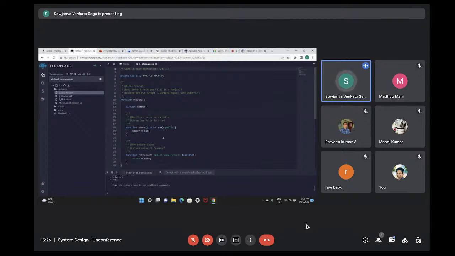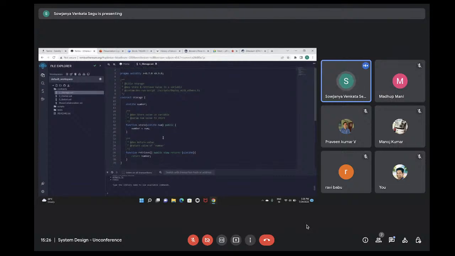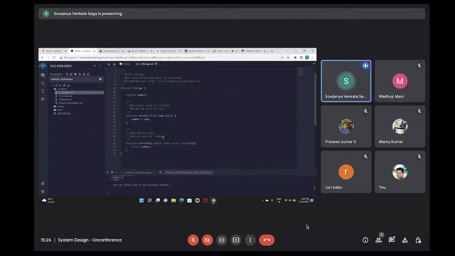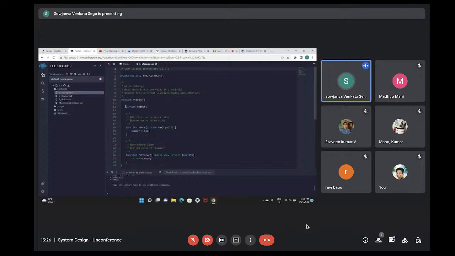So this is how a smart contract looks. It looks like a Java class where there are some class variables and then functions to change the state of the variables. What is stored on the blockchain is the bytecode of the smart contract.